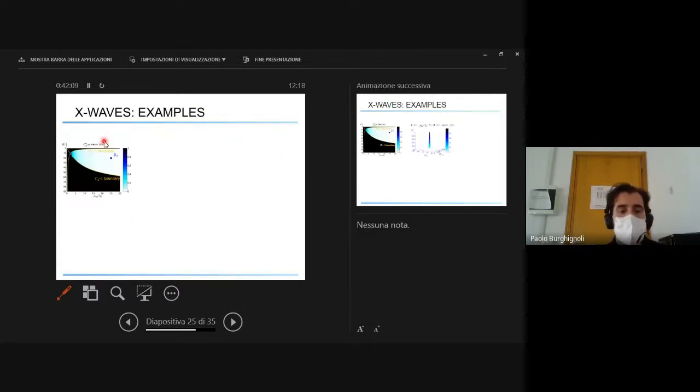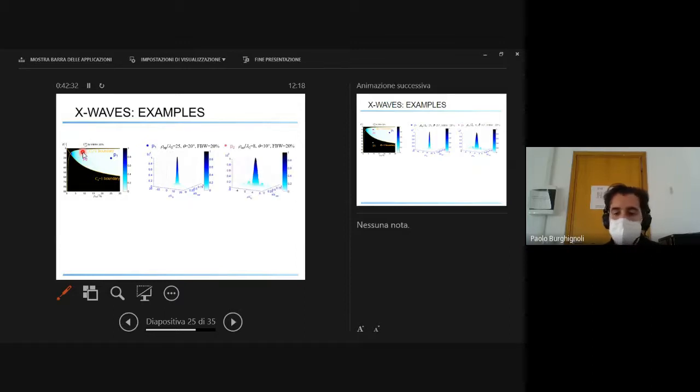If you generate a pulse with an aperture radius of about 20 and a hexagon angle of 20 degrees, you have this pencil-like X wave that is extremely confined in both directions. If you move here, where the color starts to get darker but is still in the confined region, you still have a beam that is confined but a little bit broader than the previous one.